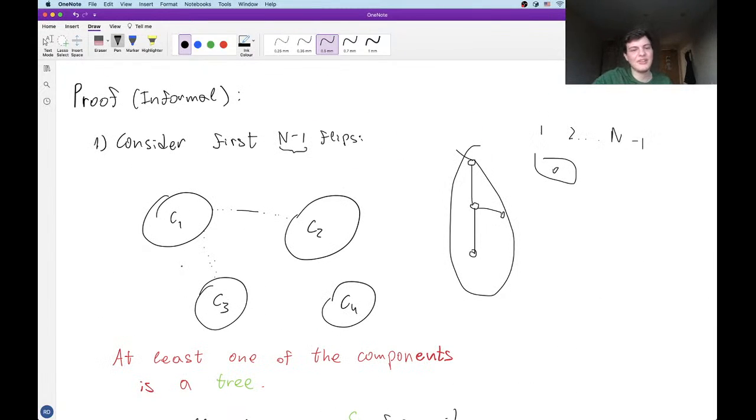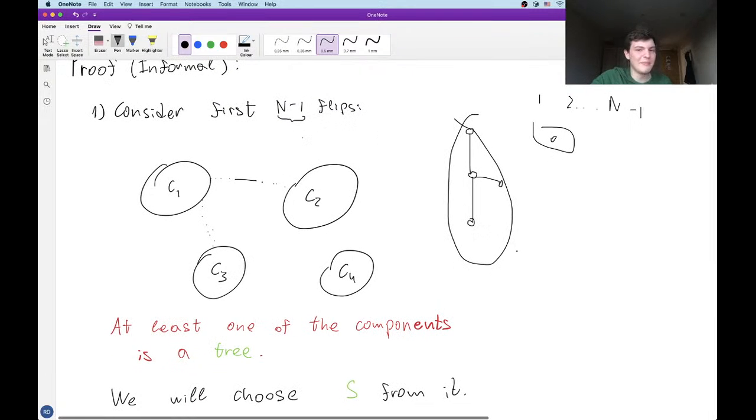And maybe the other thing you can take away is that if you have a graph with n-1 edges, just any graph, then at least one of its connected components will be a tree. And this is again pretty useful, even in some graph problems.